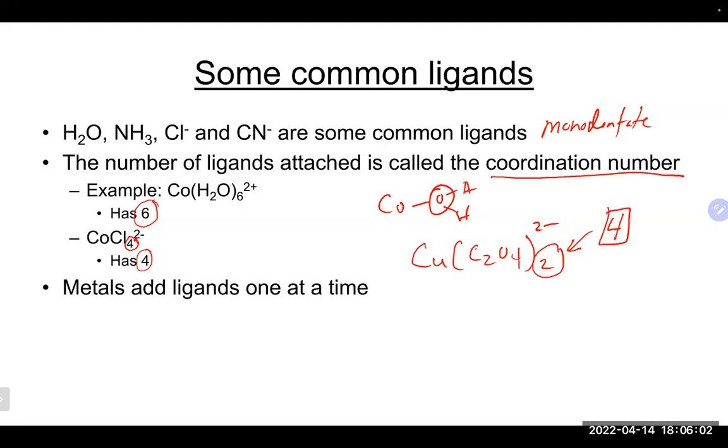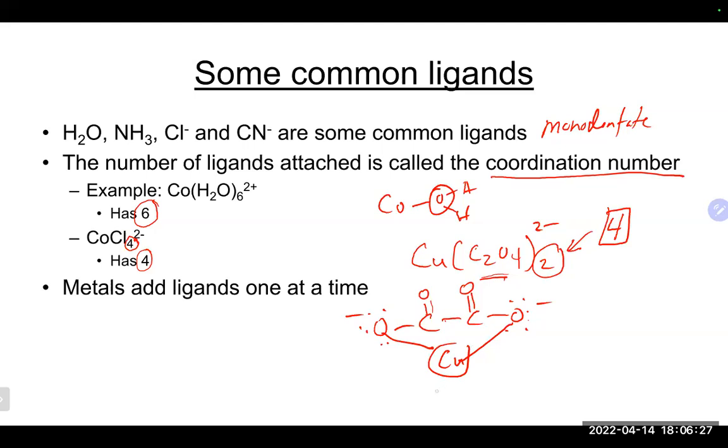And that is because of the actual ligand that is there. This is actually oxalate, I believe that's what they call that. And if you draw oxalate, it looks something like this. And it is those negatively charged oxygens that bind to the copper in this case, 1 and 2.